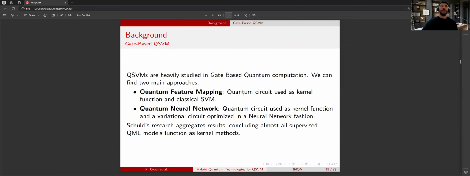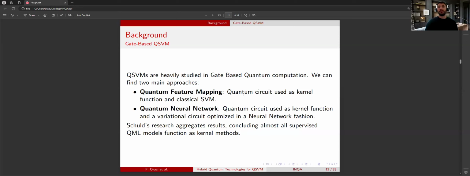As for the gate-based quantum support vector machine, we have two main approaches. We have quantum feature mapping, that is the use of quantum computation to perform the kernel function, so mapping the data into a higher dimensional space, the Hilbert space, to separate them better, and then leaving the optimization to a classical support vector machine.